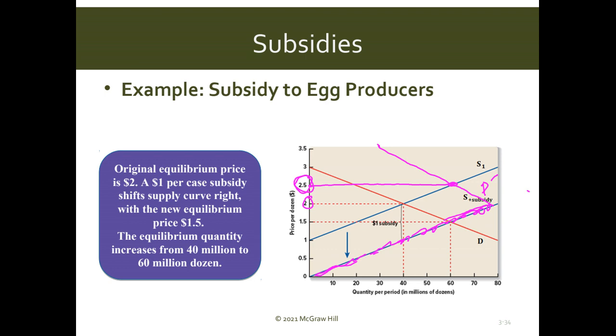If I'm receiving this subsidy, I pay $1.5 and I receive $1 from the government as a subsidy, making $2.5, and I pay this $2.5 to these producers. So technically, I'm paying $1.5, that is $0.5 less than the initial equilibrium of $2. So in both cases, producers or sellers and buyers share the benefits of this subsidy equally.